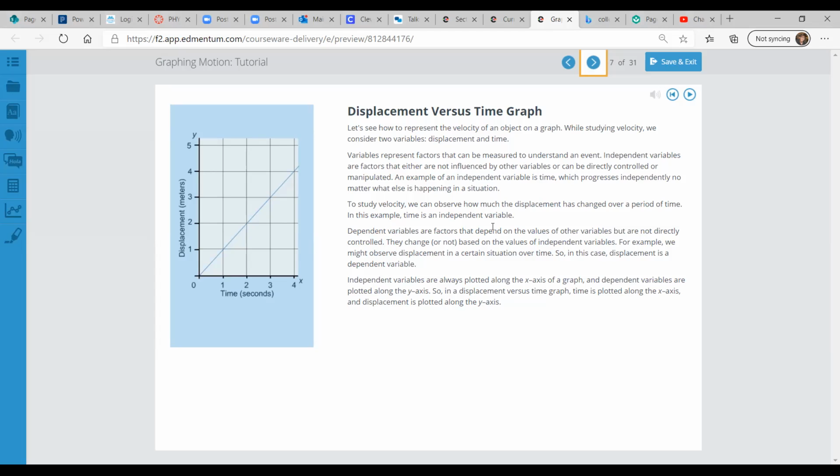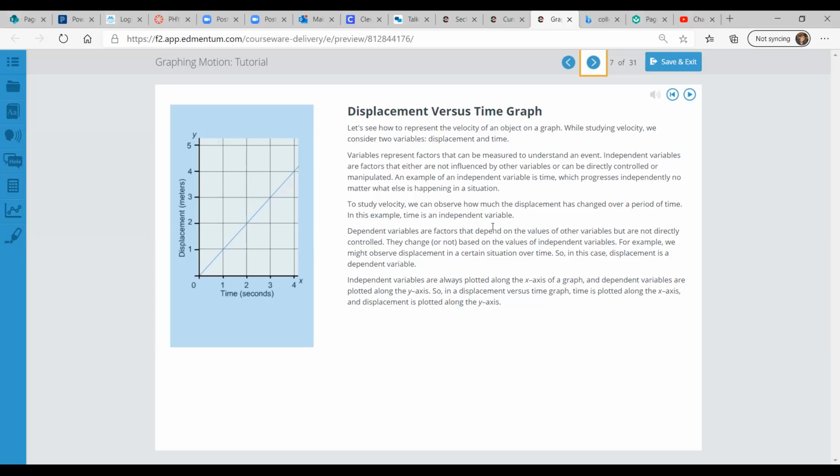An example of an independent variable is time. It progresses independently no matter what else is happening in a situation. Time is always going. To study velocity, we can observe how much the displacement has changed over a period of time. So in this example, time is an independent variable.